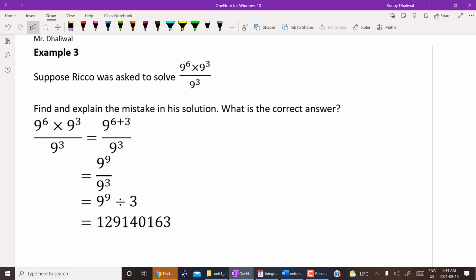We have a multiplication and a division, right? And here they say Rico was asked to solve this question and make it into a single power, or evaluate it. And this is the work he showed. And then asking, did he make a mistake or is his answer right? So we work our way through this, okay?